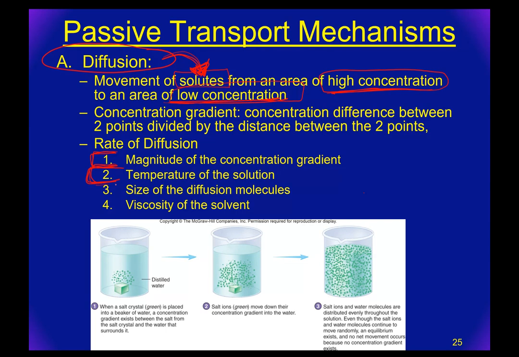Now, the size of the diffusion molecule. Okay, so if I have a swimming pool that is the size of the building that you're in right now, and I put, let's say, 15 pounds of sugar into that swimming pool. Sugar's going to dissolve, right? I mean, it'll go throughout the whole entire swimming pool.